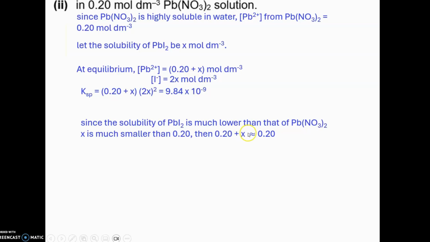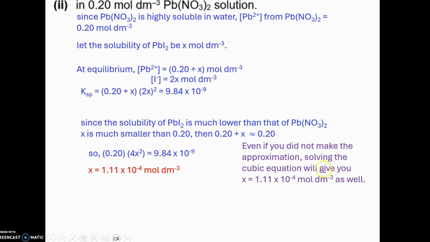So we can approximate that 0.20 + x is approximately the same as 0.20, and then our equation will become 0.20 multiplied by 4x squared equals 9.84 times 10 to the power of negative 9. And you solve for x, which will be 1.11 times 10 to the power of negative 4 mole per dm cube.